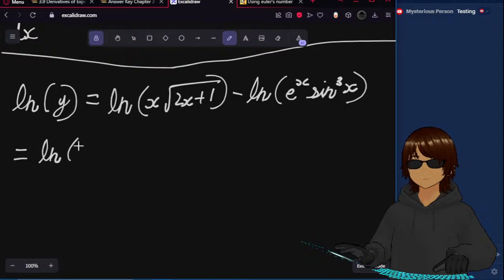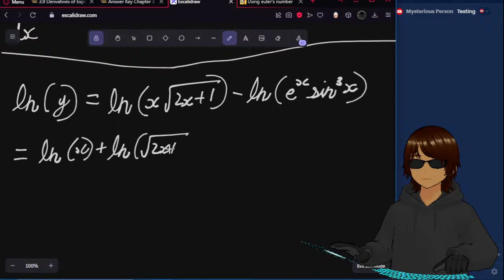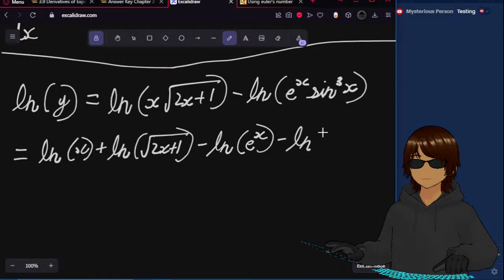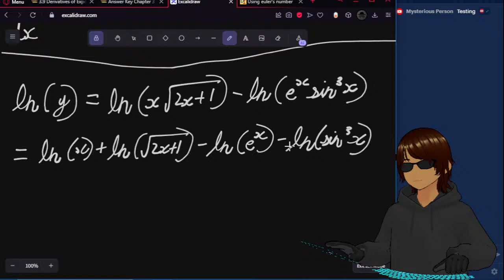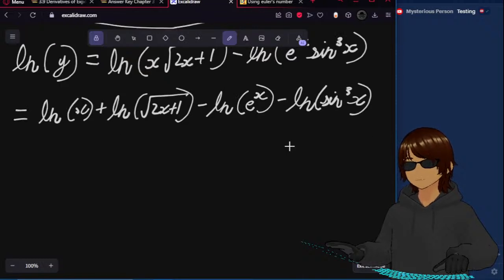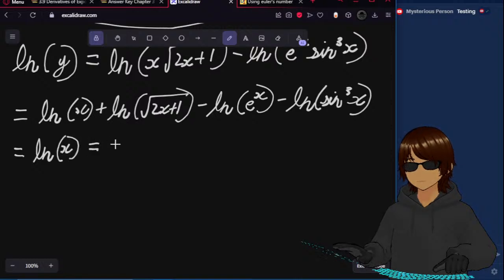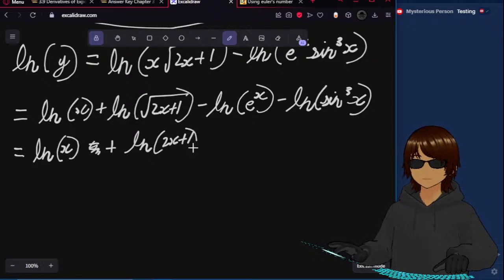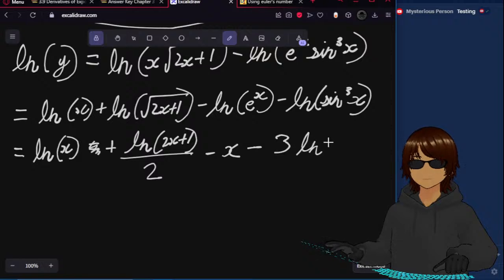Then this divided by 2 minus x, then minus 3. Now what?